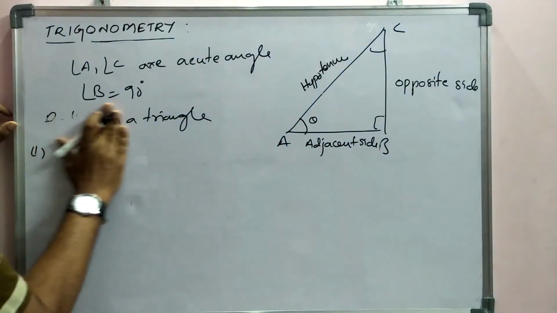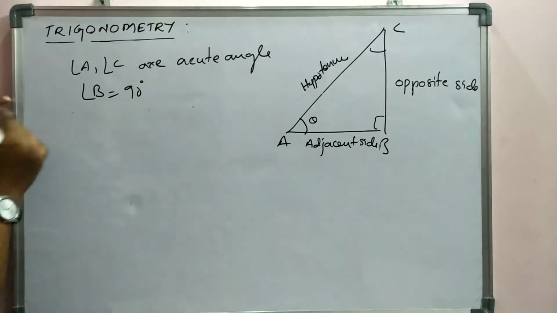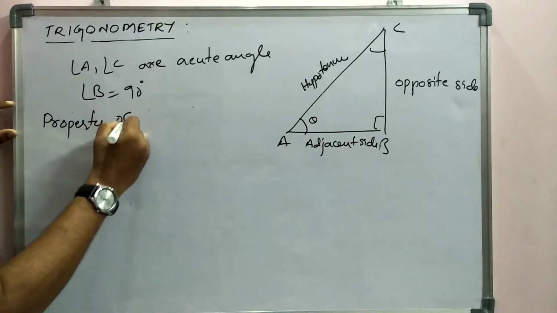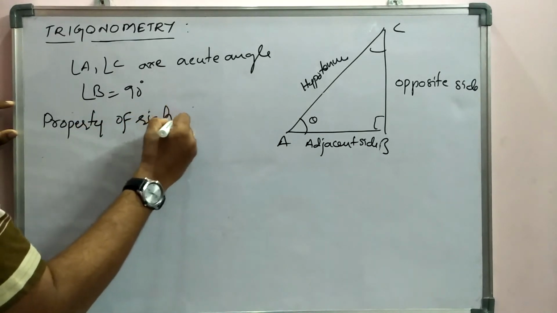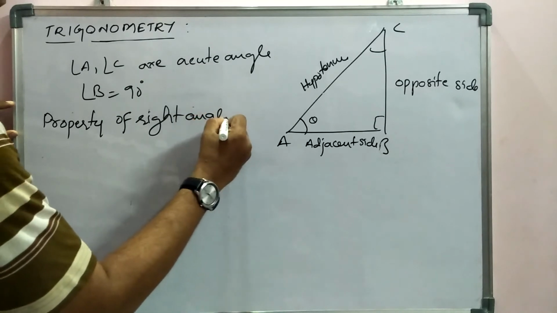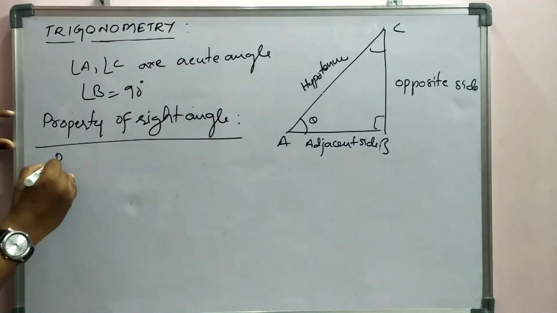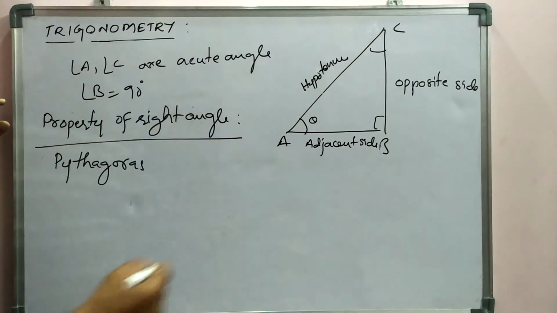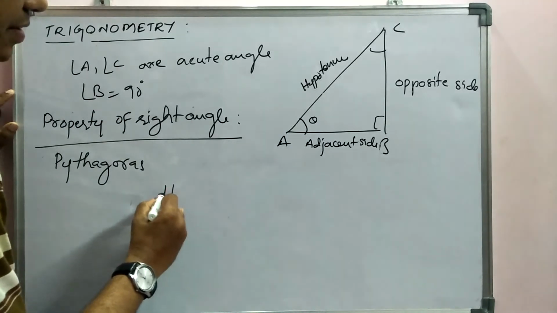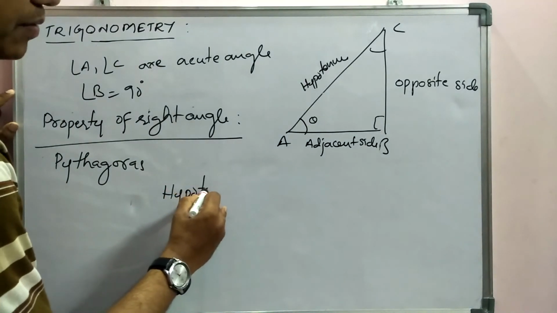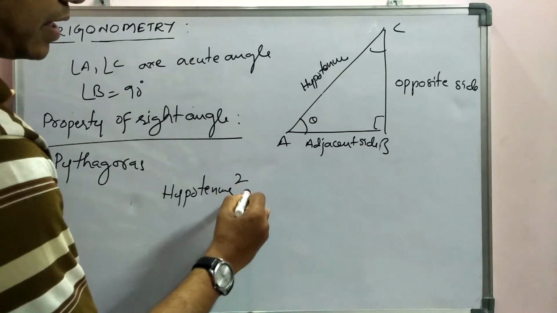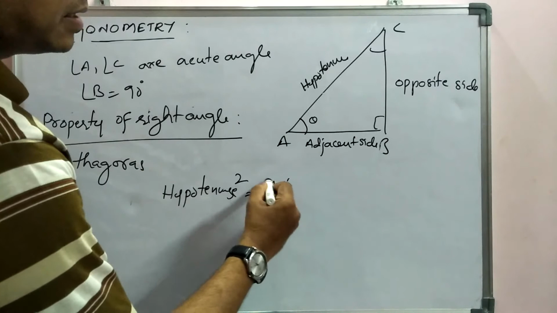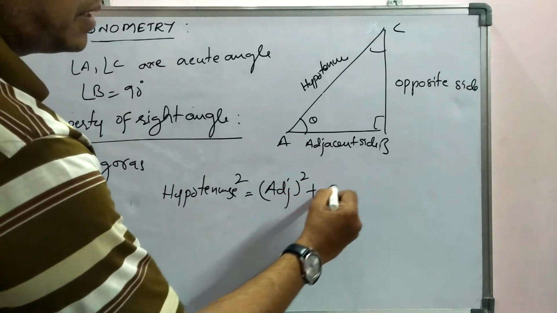Before starting the ratios, first we will see the property of a right angle. By the Pythagoras principle, hypotenuse square is equal to adjacent square plus opposite square.